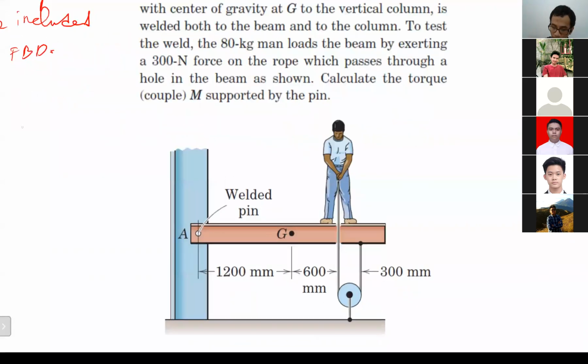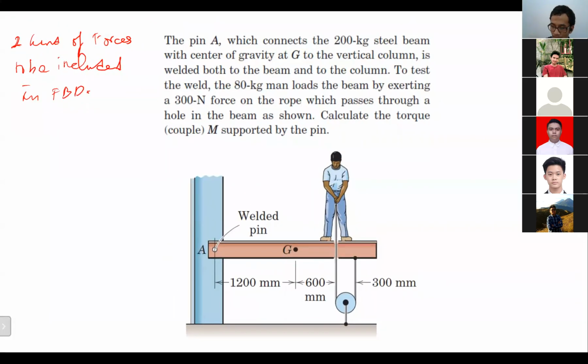The first one is the external force. The second one is the gravitational force. Only those two forces are supposed to be included in the free body diagram. I believe it's supposed to be clear enough, right?